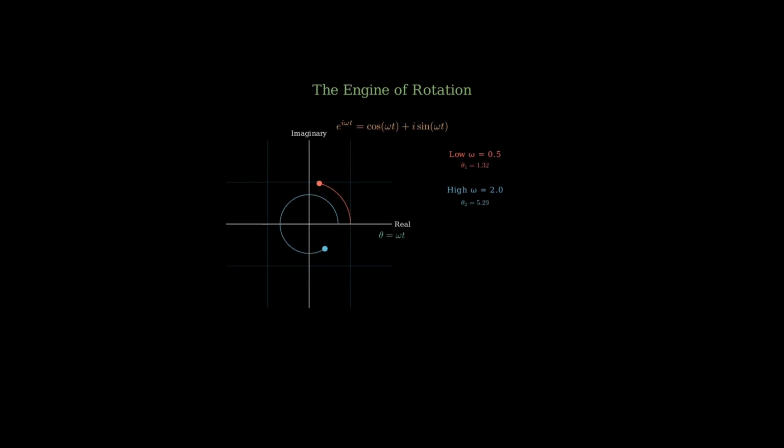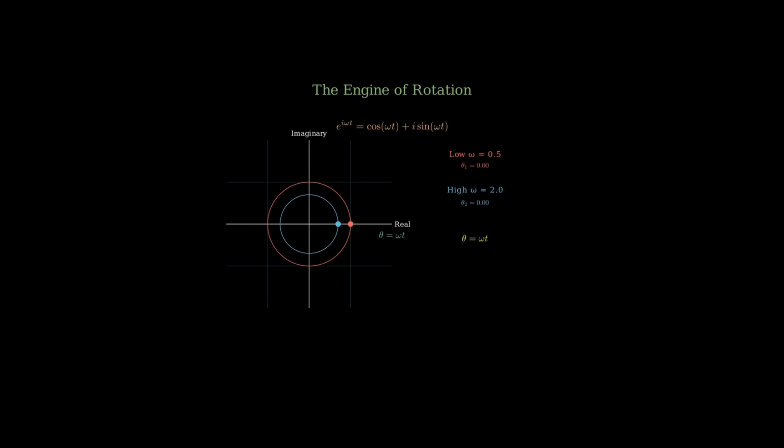In the Fourier transform, the angle in standard position becomes the engine of pure rotation through Euler's formula, e to the power of i theta. The transform breaks down a complex signal into a sum of these simple rotations. The angle, written as theta equals omega t, is what drives the rotation for each component frequency omega.